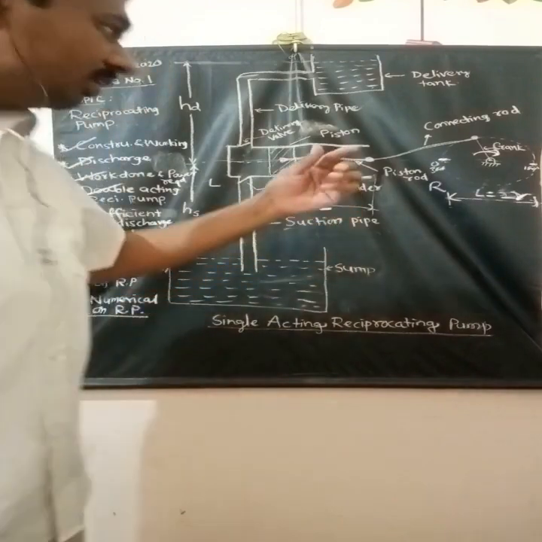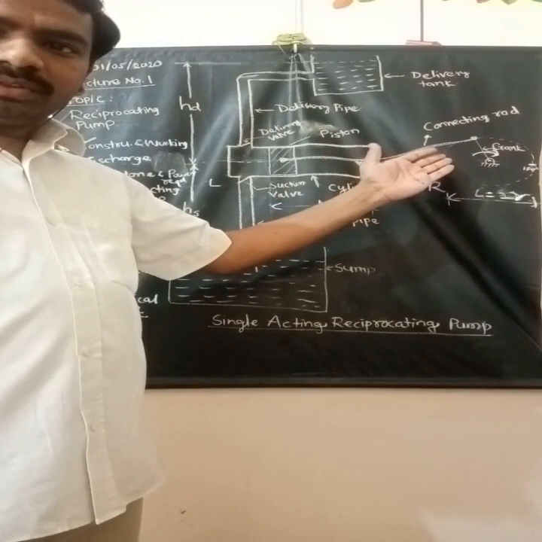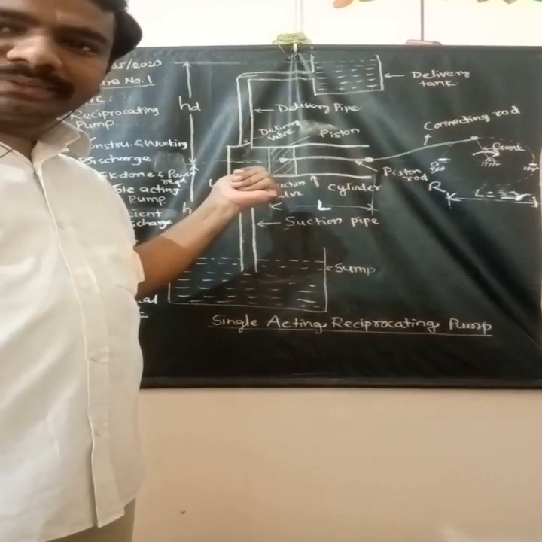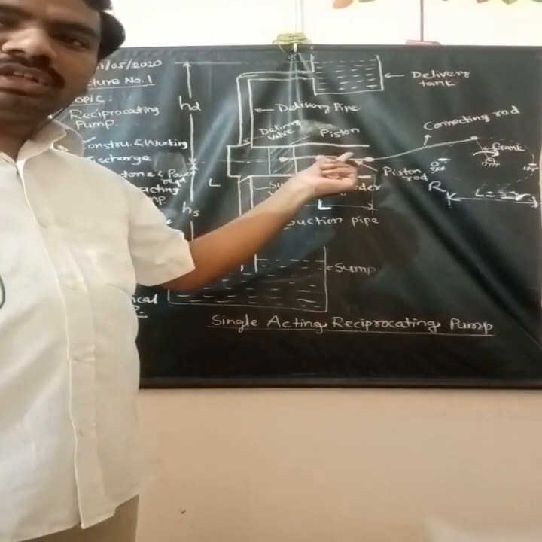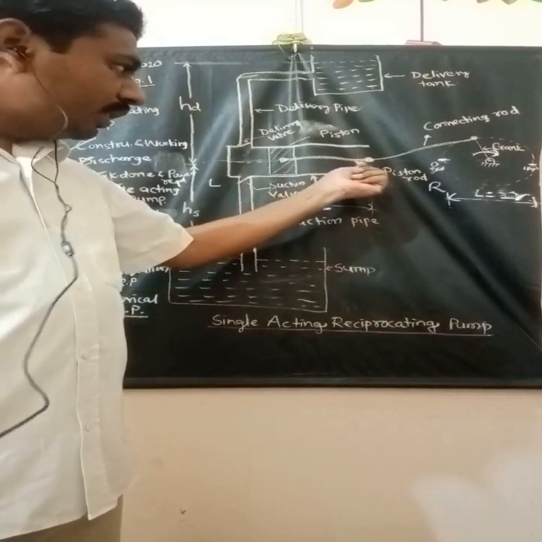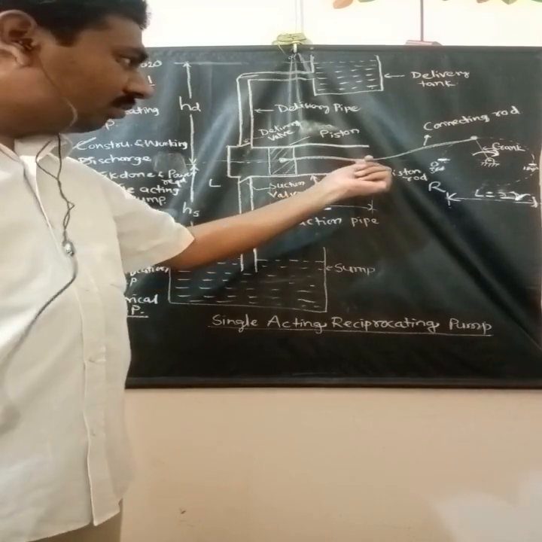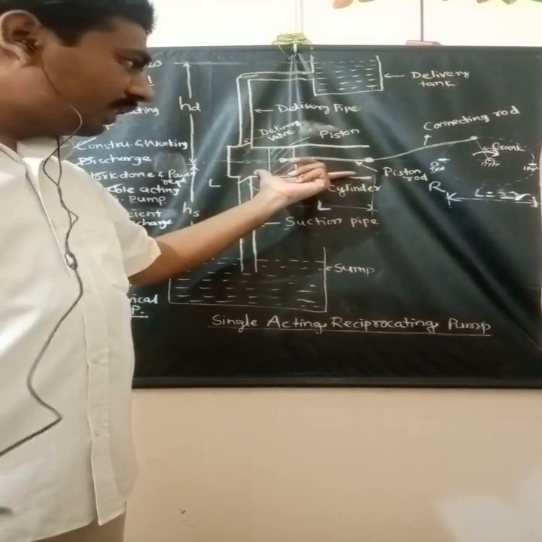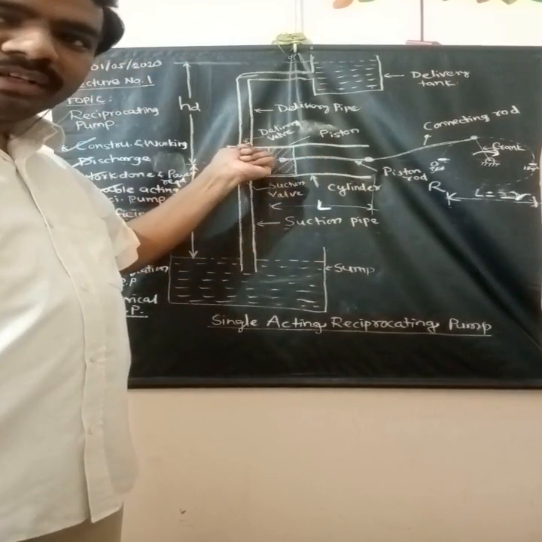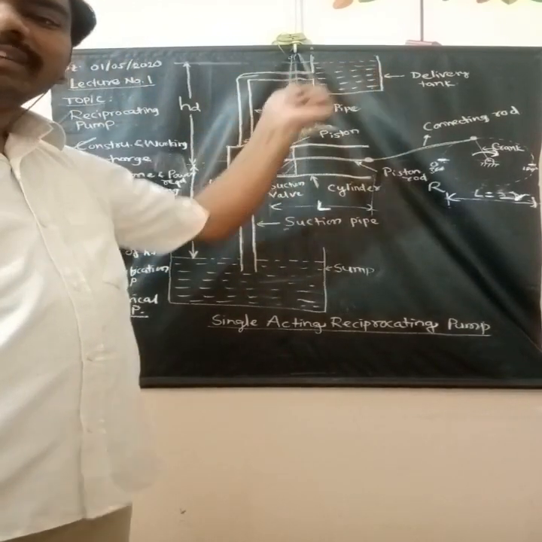After that, when the crank rotates from 180 degrees to 360 degrees, the piston moves from right to left. At that time the piston creates a pushing action on the fluid, so when it applies force on the fluid, its pressure increases. When the pressure of the fluid inside the cylinder increases, the delivery valve opens and water enters into the delivery pipe and reaches the delivery tank.